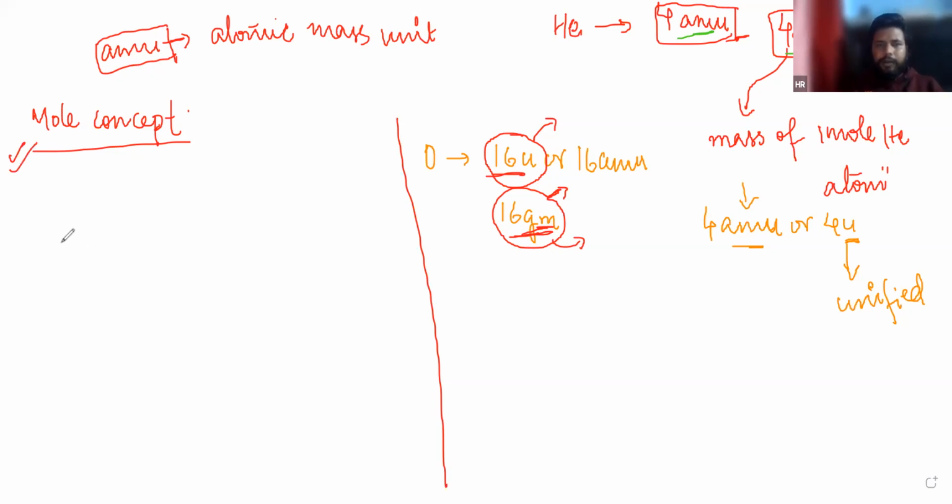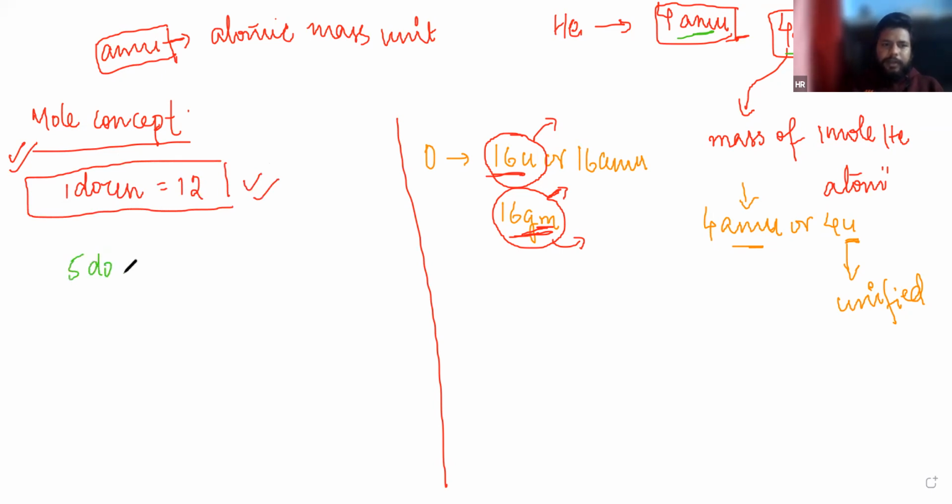Okay, then come to the concept, mole concept. See, we already know about dozen. Everyone knows about dozen. 1 dozen equals 12. We use it in our daily life. Just see, if I'm writing 5 dozen equals how much?